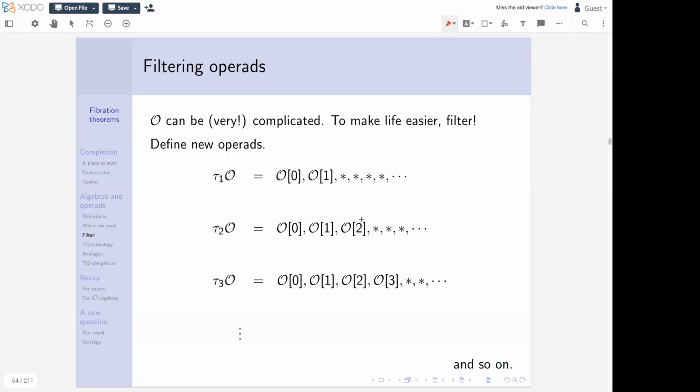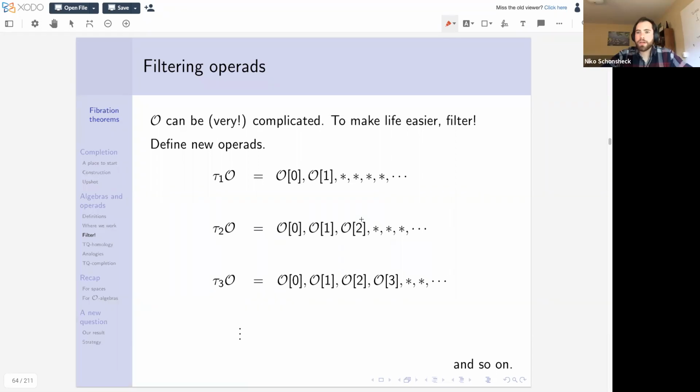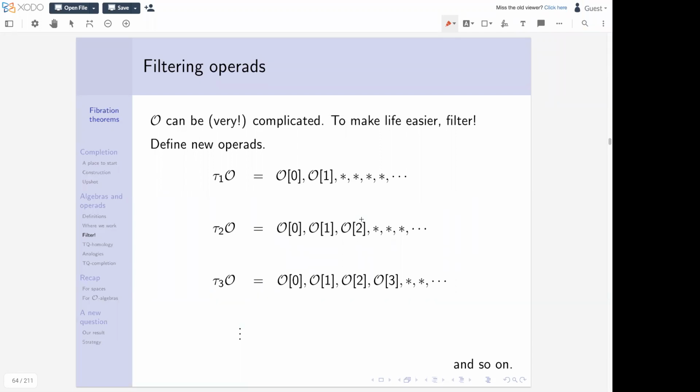Can I ask you a question about that? Yeah. How are you going to define the composition if you kill off the things in higher arities? Do you just define it all to be the same thing? Yes. So the operad structure is canonically induced by O. It's the same composition maps. Right, so is this a quotient of O, or is it something else?